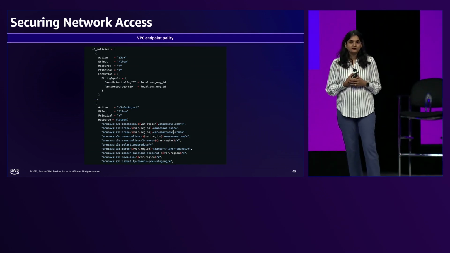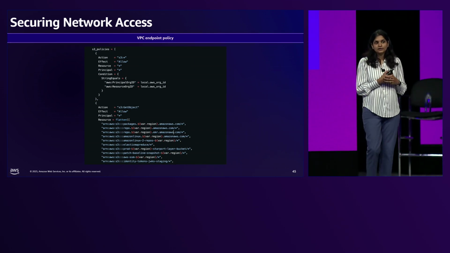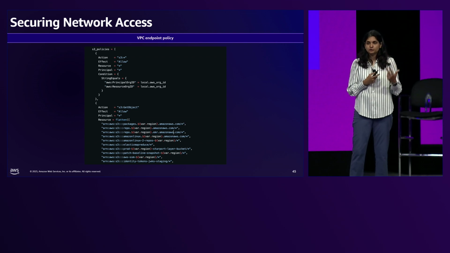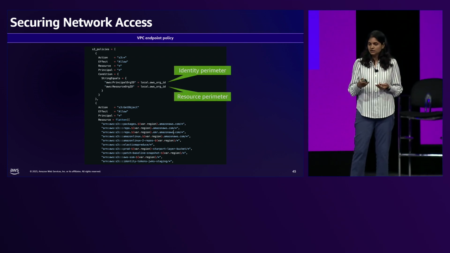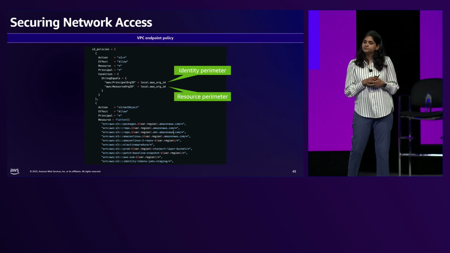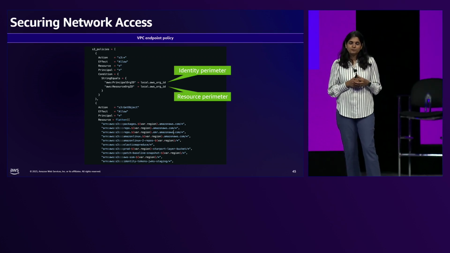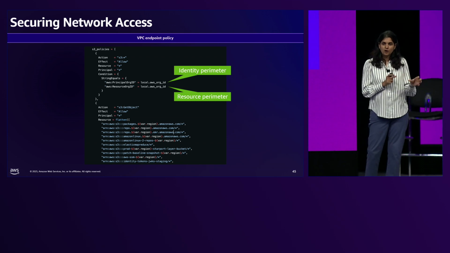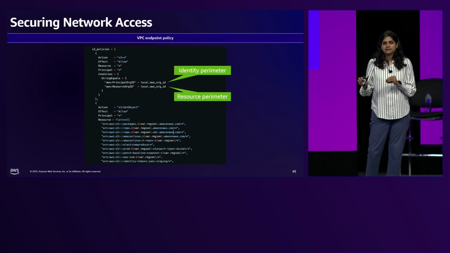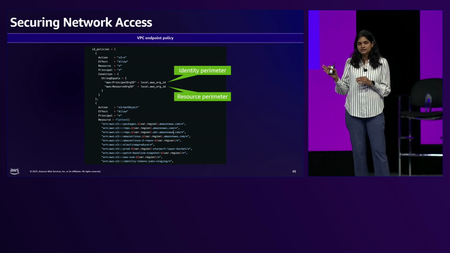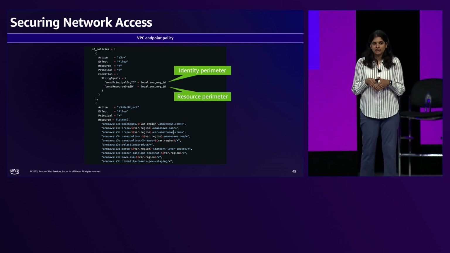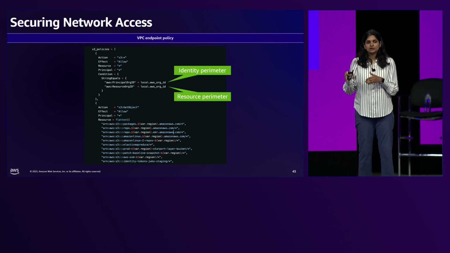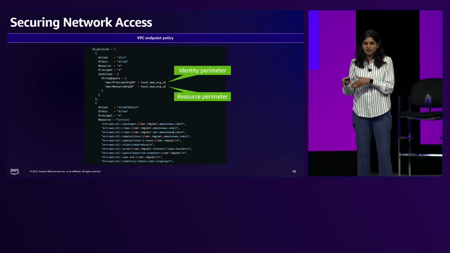Now, this is an example of a VPC endpoint policy, and it's going to be enforcing 2 things: an identity perimeter and a resource perimeter. How we do that is we use principal org ID, which specifies that only Block principals can access this endpoint. So if a request is coming from outside the network, even though it's within the VPC, access would be denied, unless the identity belongs to Block's AWS org.